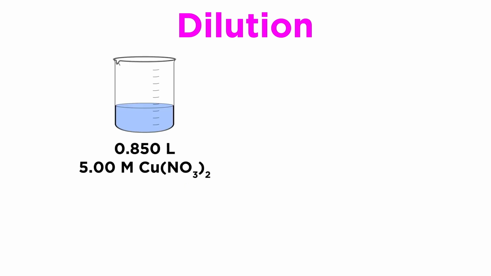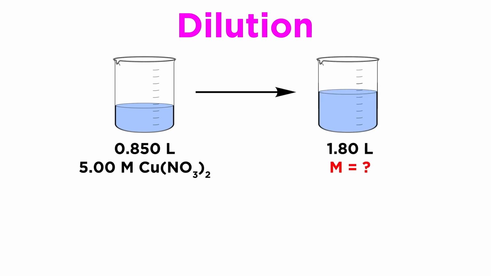For example, let's say we have 0.850 liters of a 5 molar copper nitrate solution. We dilute this solution with water until we have 1.80 liters of solution. What will be the concentration of the final solution? Well, let's plug our known values into the equation. We know the initial concentration and volume, which become our M1 and V1, and we also know the final volume, V2.